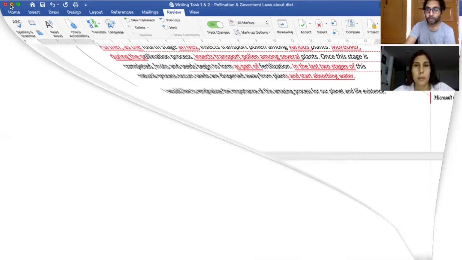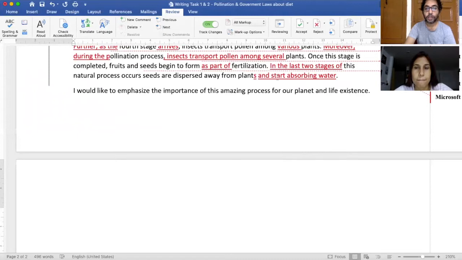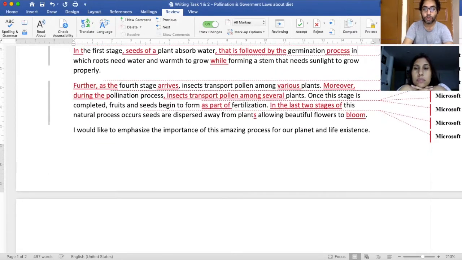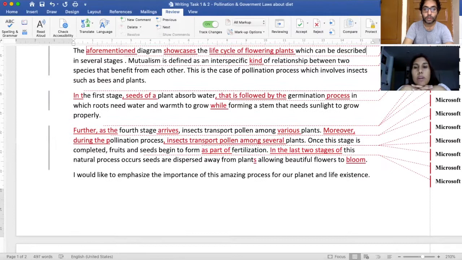If you want to write the flower part, you can write seeds are dispersed away from plants. Everywhere, don't use grow. Okay, bloom.